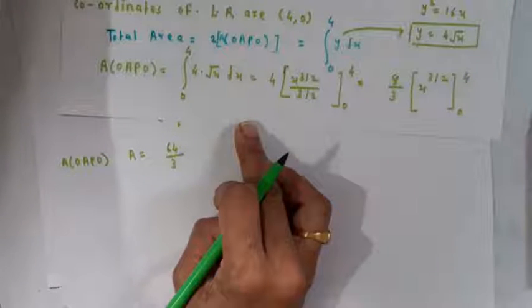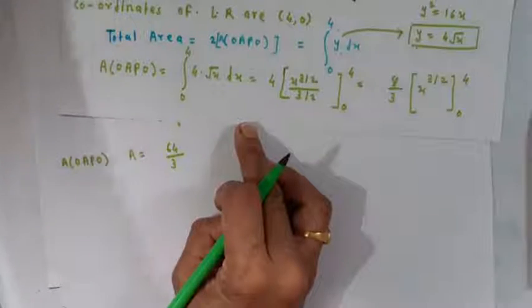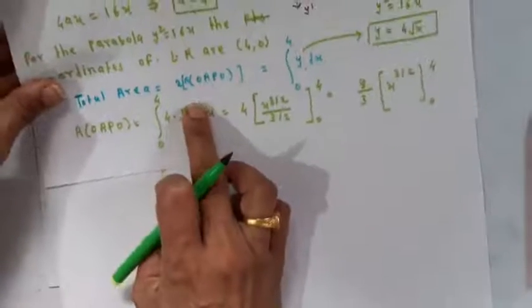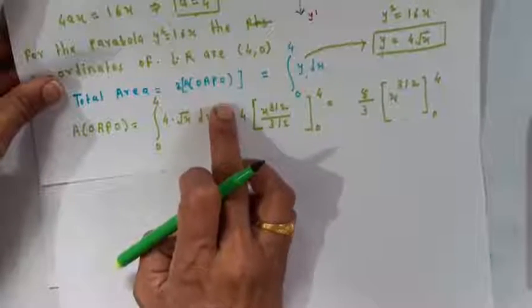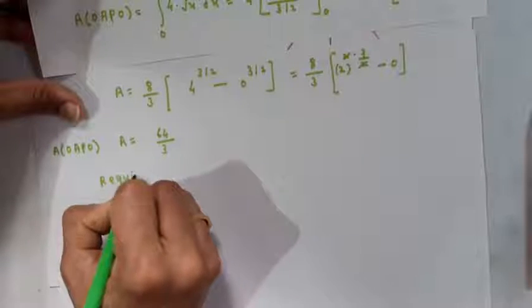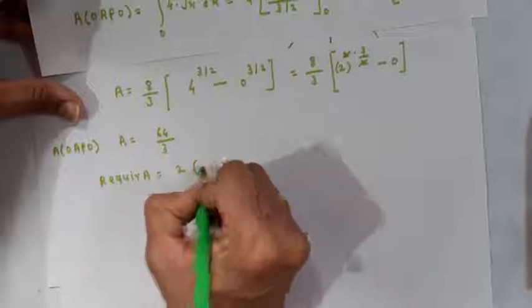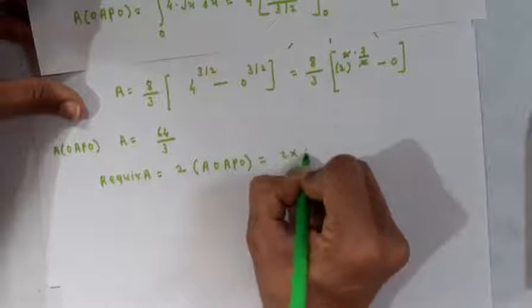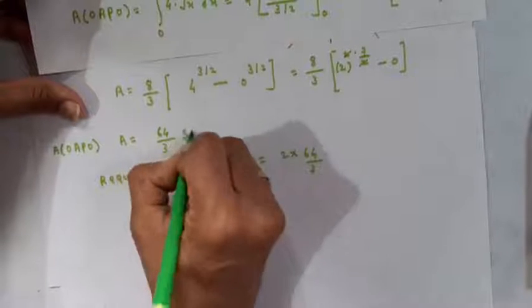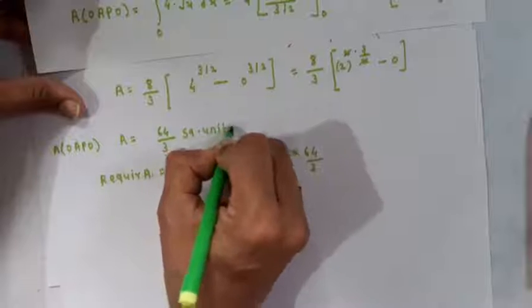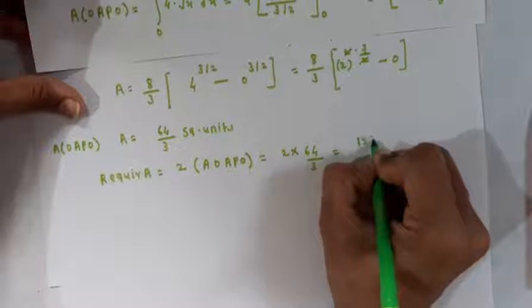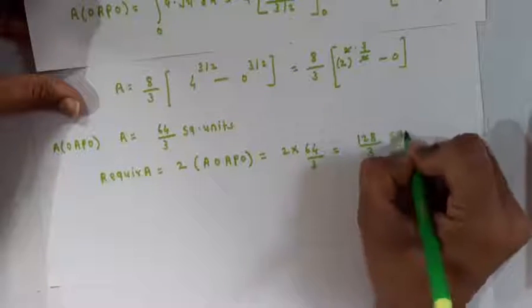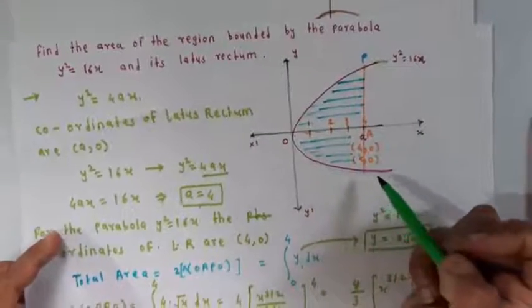Now the total area equals 2 times the area OAPO. So the required shaded area equals 2 into 64 upon 3, which is 128 upon 3 square units. This is the required area due to the latus rectum.